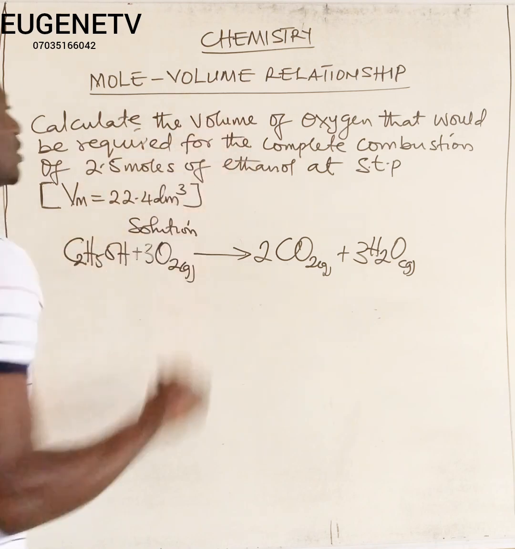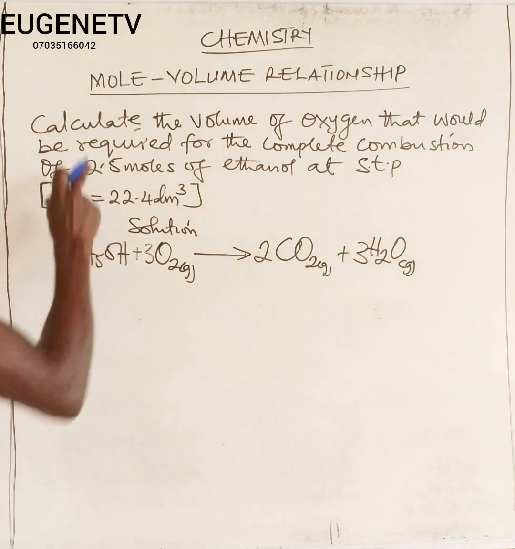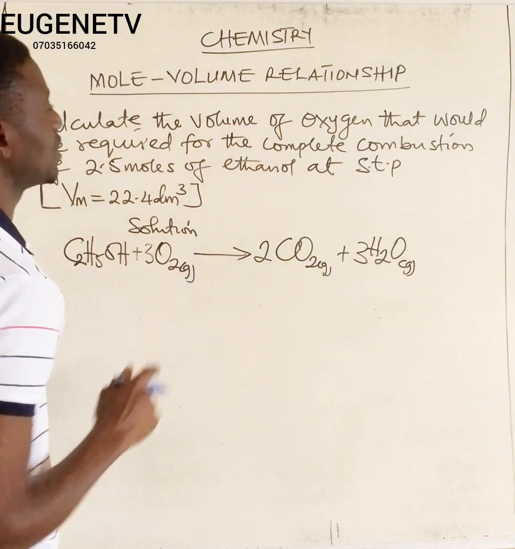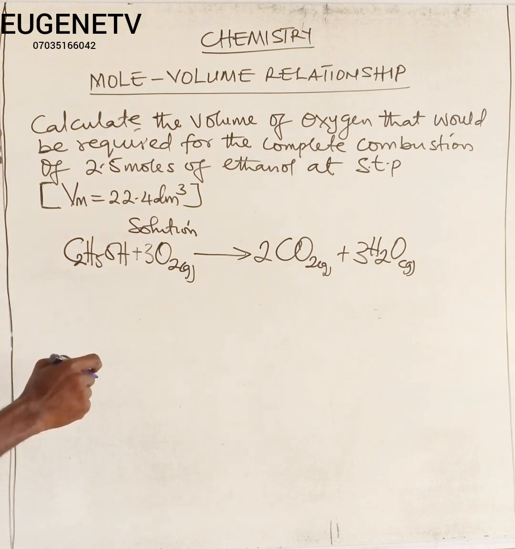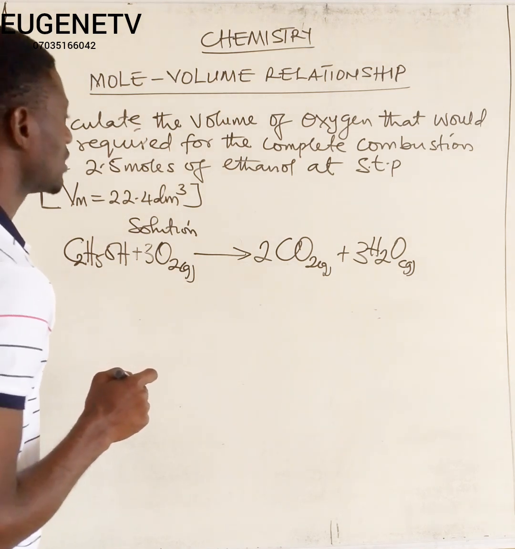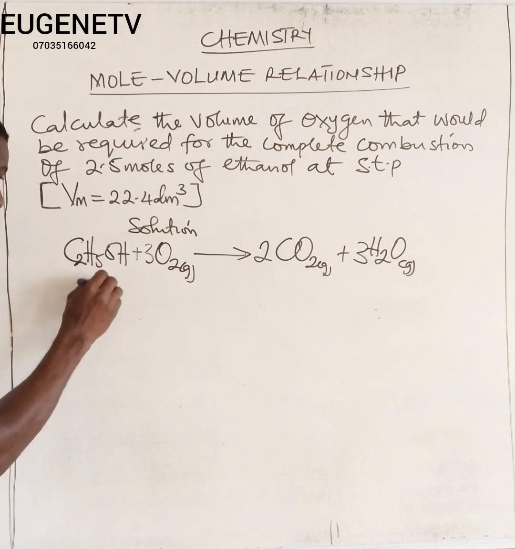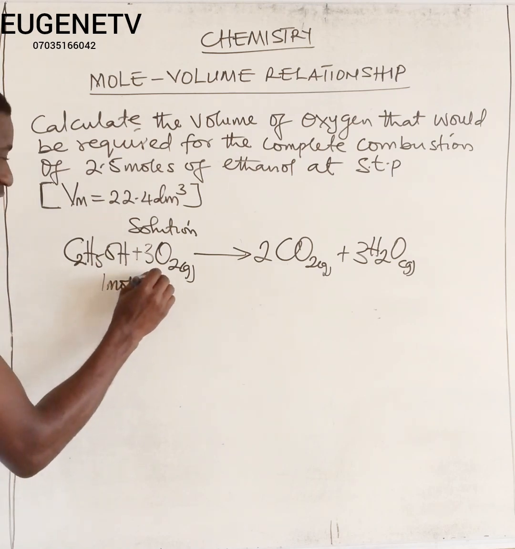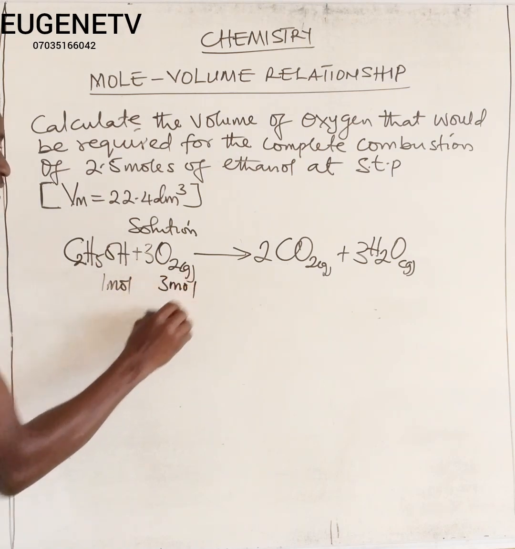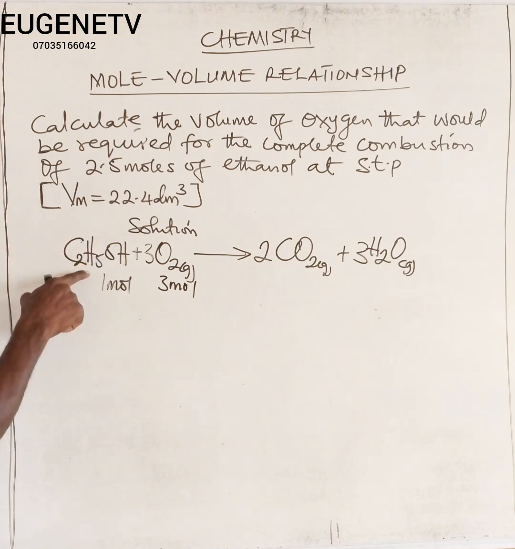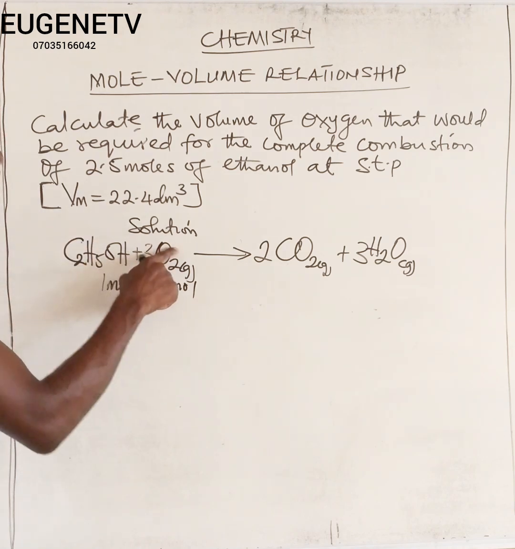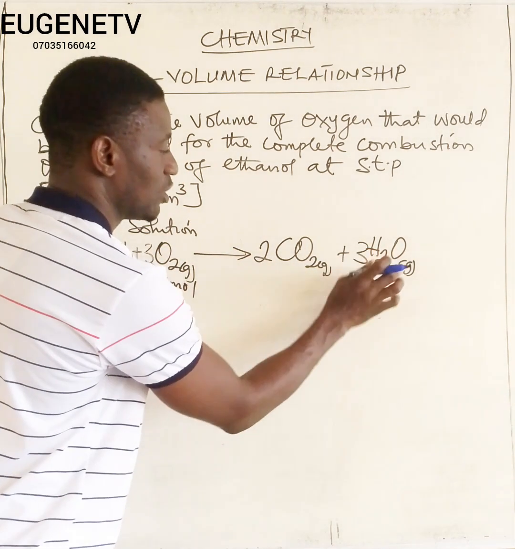Okay, let us come back to the question. It says calculate the volume of oxygen that will be required for the complete combustion of ethanol. Now, from the balanced equation, this is 1 mole of ethanol, whereas this one is 3 moles of oxygen. Remember, the question is just about relating ethanol and oxygen, nothing concerning CO2 and water.